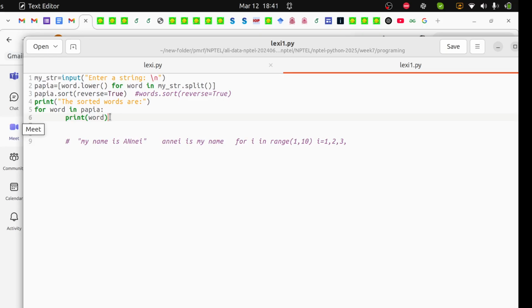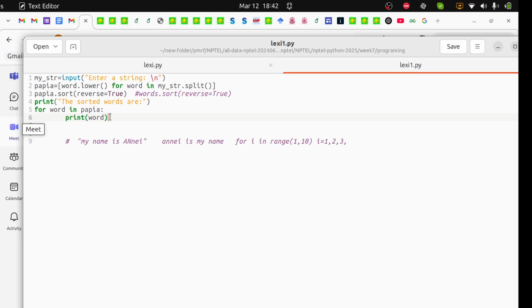So we have a for loop to call all the words present in papiya, and I will call these words inside papiya and print all the words here. So 5 and 6 are nothing but printing all the sentences. Line number 3 is just giving the sorting, but it is not a function. Yes, that I understood.